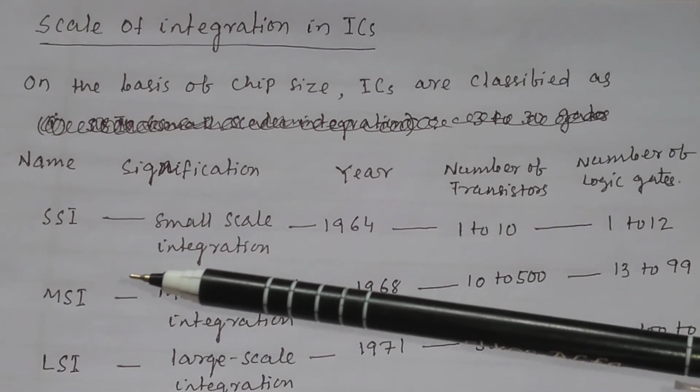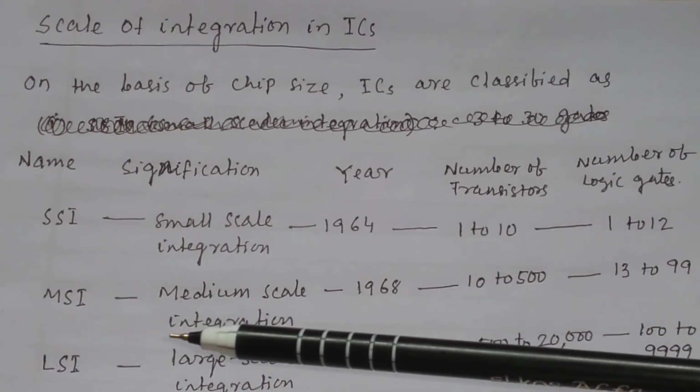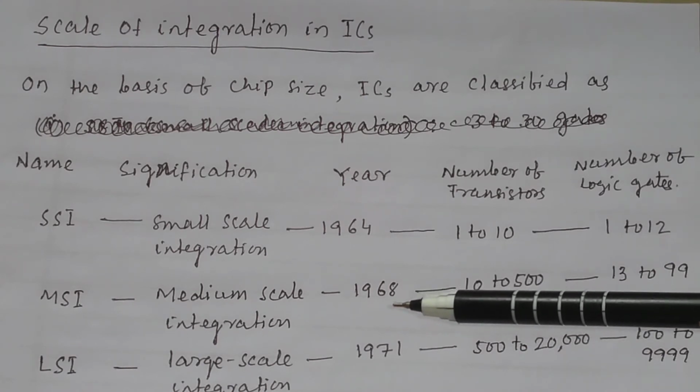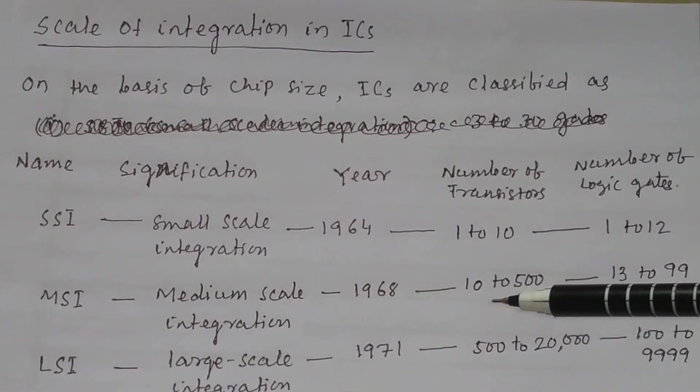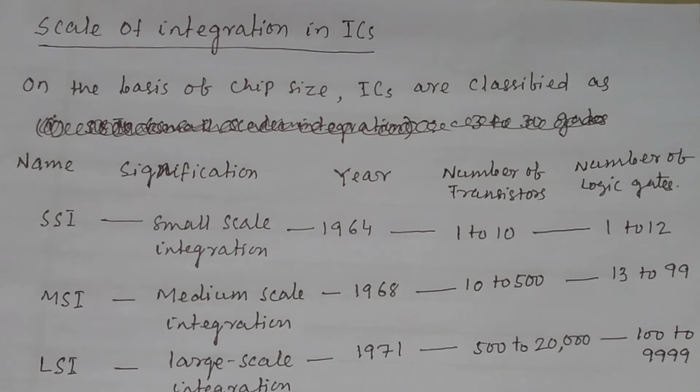The second is MSI, or the medium scale integration. It was invented in 1968, and the number of transistors lies between 10 to 500, and the number of logic gates lies between 13 to 99.